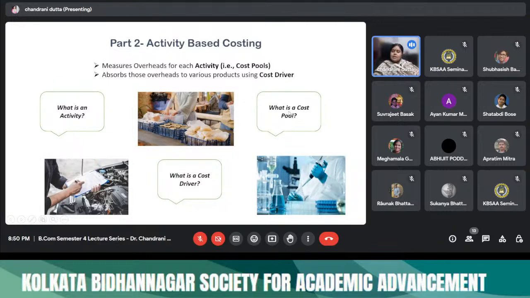So cost pool is basically grouping the cost under certain segments, under certain groups. And groups can be departments, responsibility centers, or activities, okay.